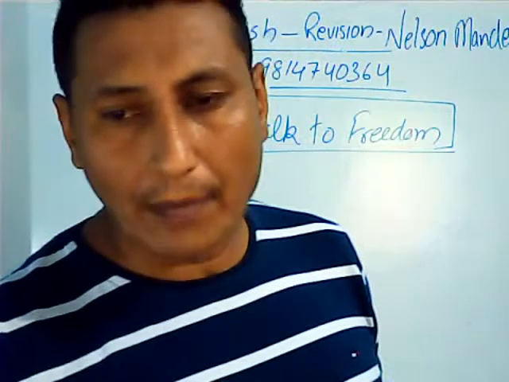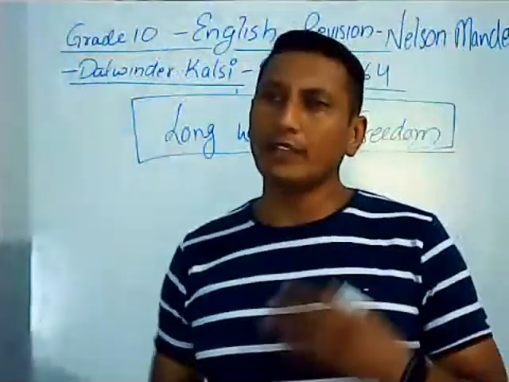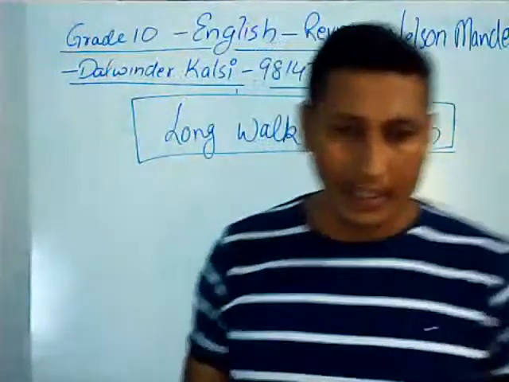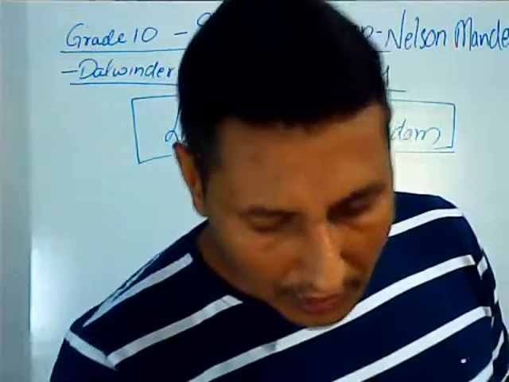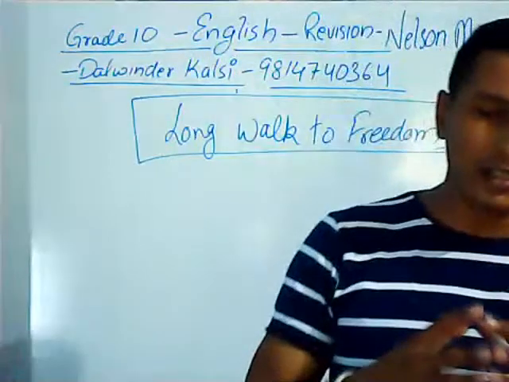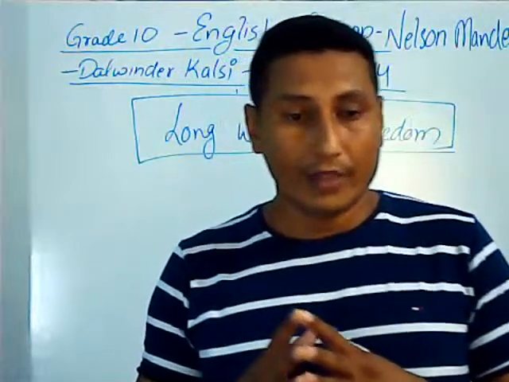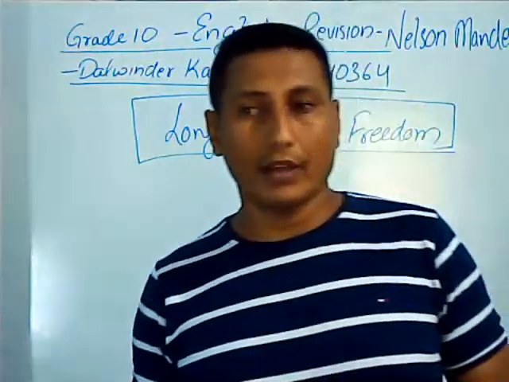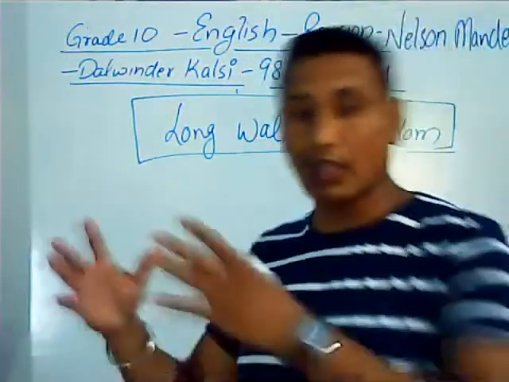So this chapter revolves around the time when they got freedom. This is about when South Africa got freedom. Nelson Mandela to South Africa is the same as Mahatma Gandhi to India.